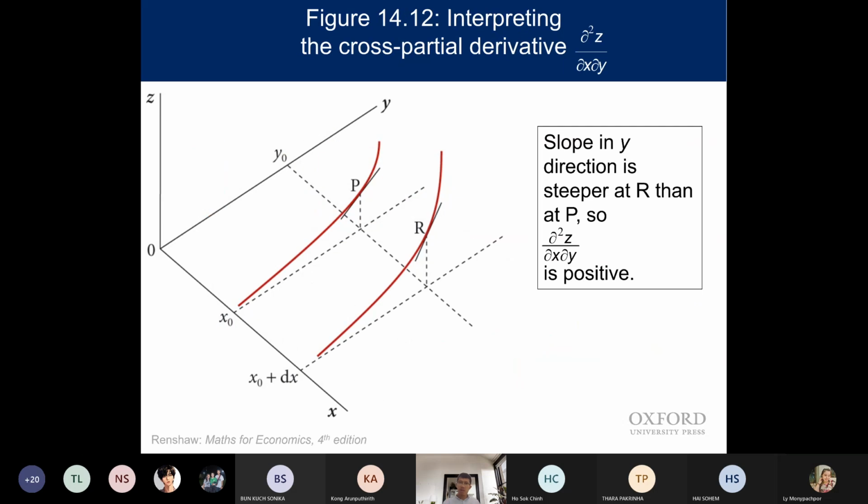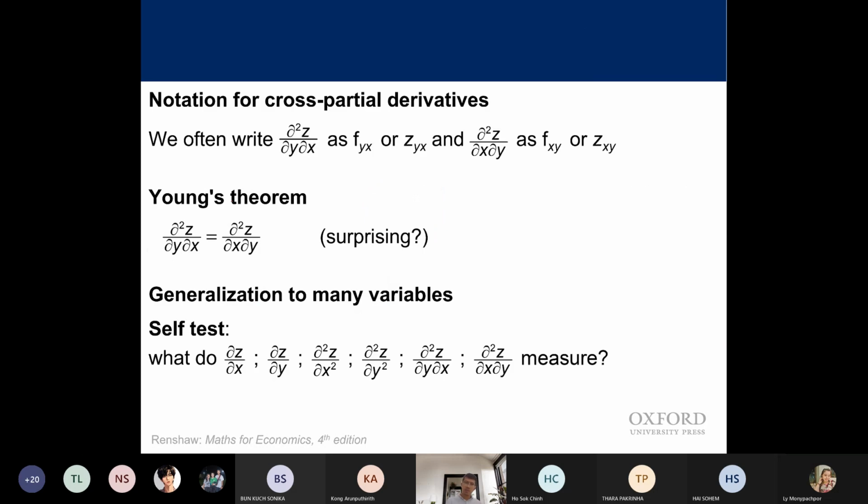I think we don't have to discuss this again, but luckily these two are the same, right? You don't have to care about the order of differentiation, whether you differentiate with respect to x first and then y, or y first and then x.